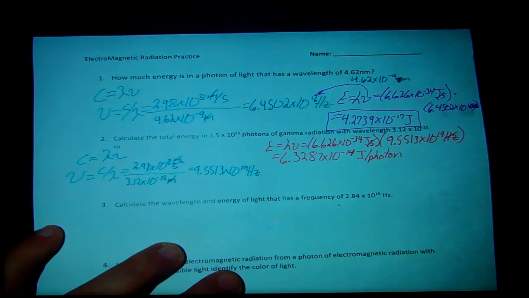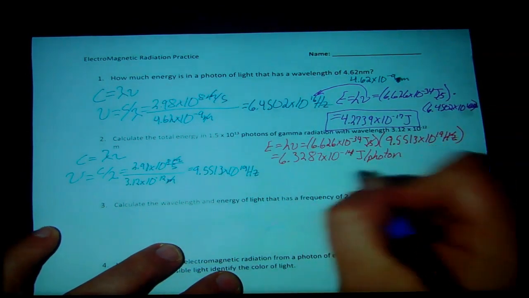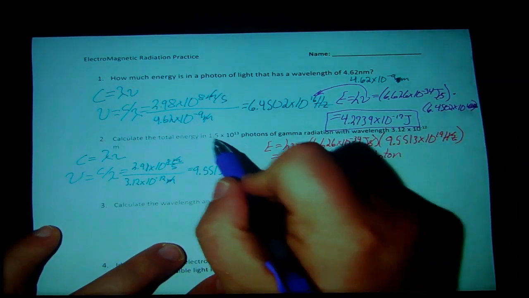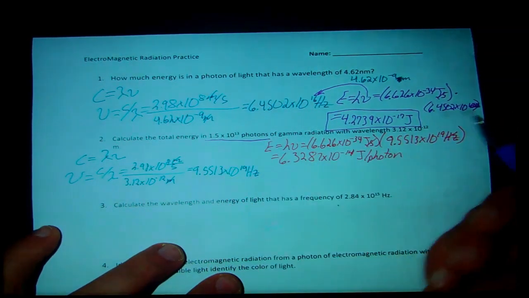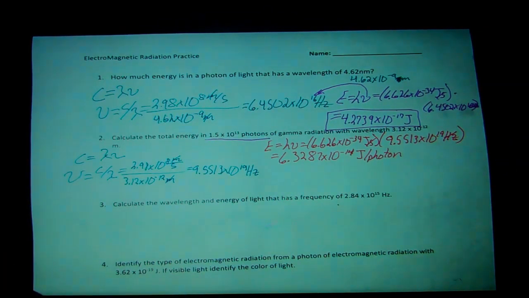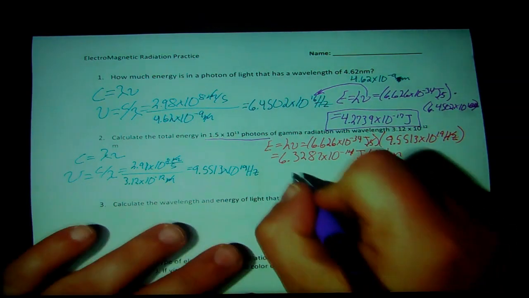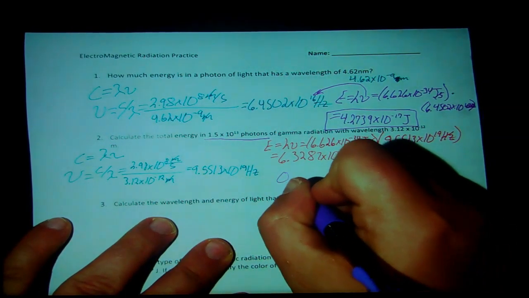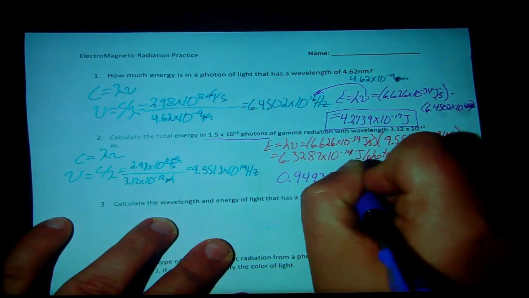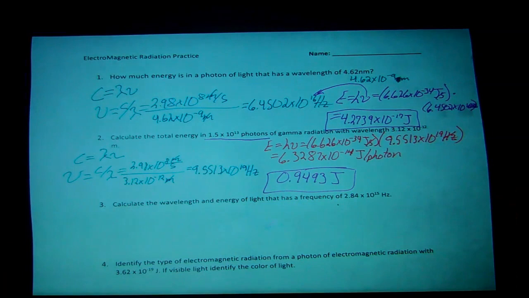And my total energy will be equal to that times my number of photons that I have. And I get 0.9493 joules. Okay, there's number 2. Let's move on to number 3.